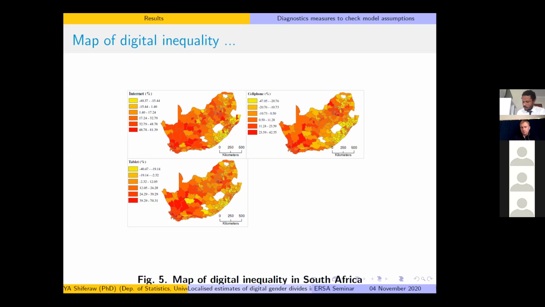Thank you for that comment and suggestion. Here, in my case, it says cell phone, and they also include tablets, and when it comes to tablets, the gap is still very huge. At the aggregate level, women seem to have slightly more cell phone ownership than men, but in some local municipalities the gap is still 60 to 70%. It's a good suggestion.